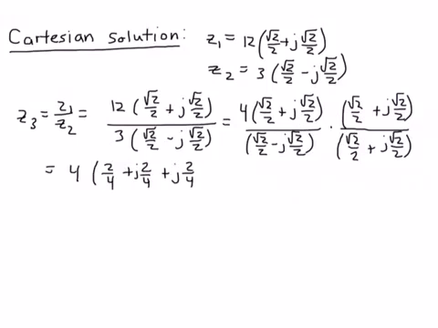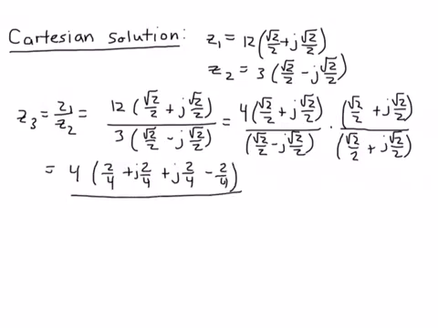Then I've got j root 2 over 2 times j root 2 over 2, and j times j is minus 1, so that's going to be minus 2 over 4.